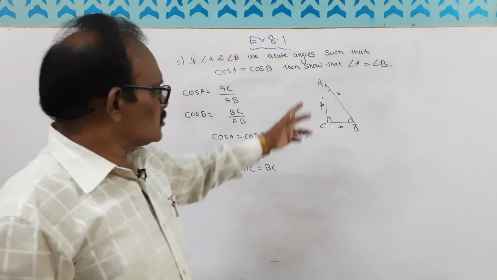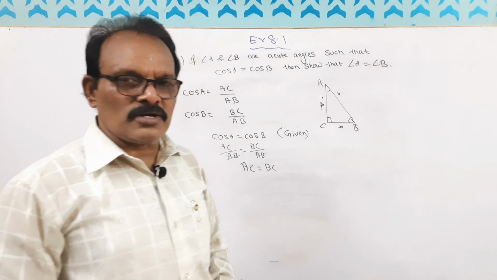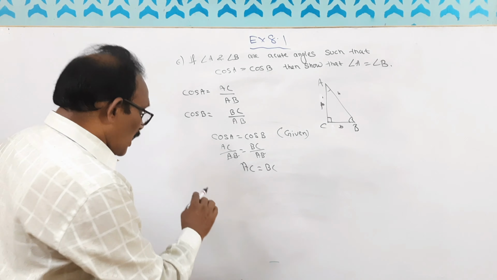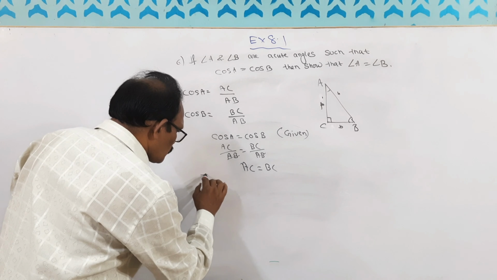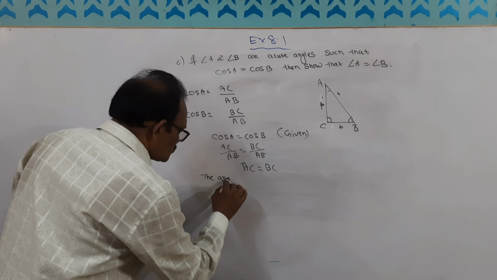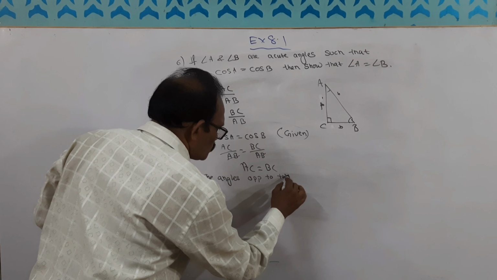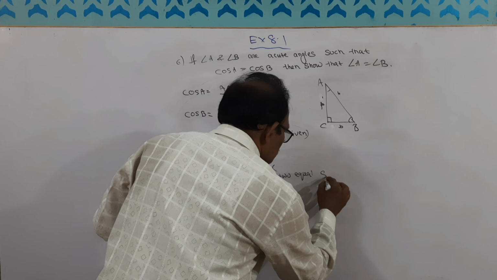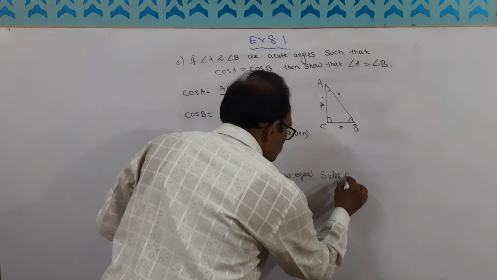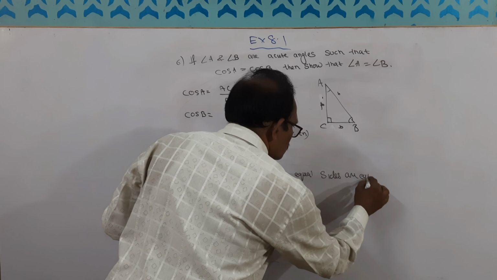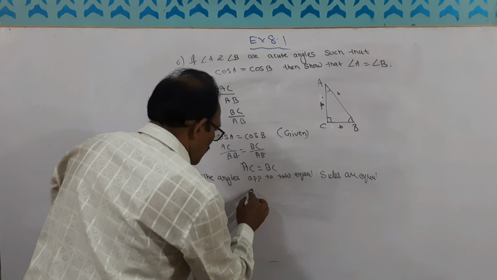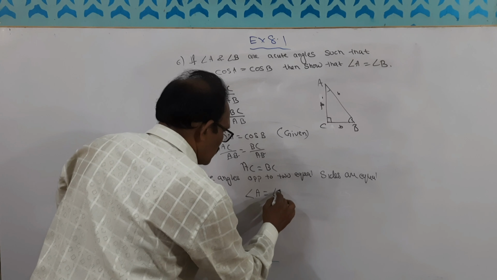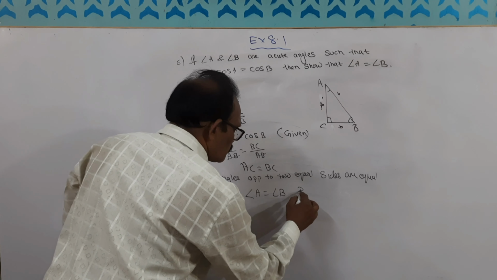Automatically the angles opposite to two equal sides are equal. That means angle A is equal to angle B. Proved.